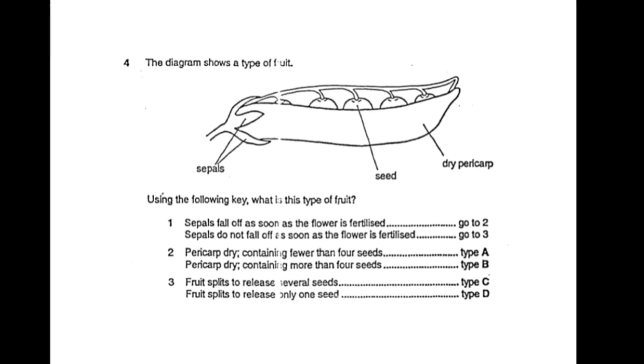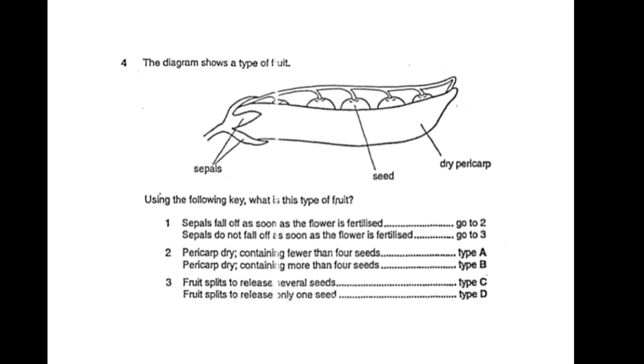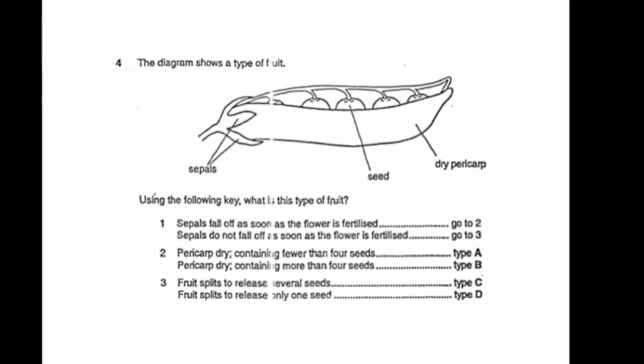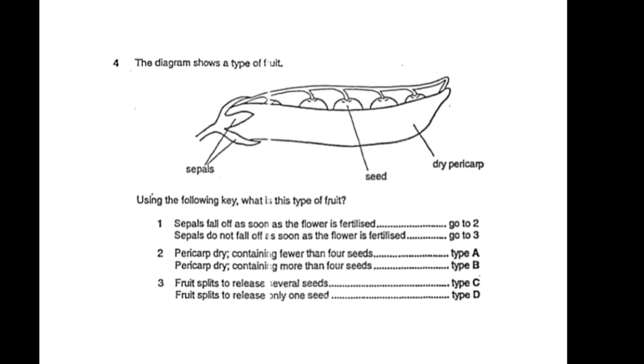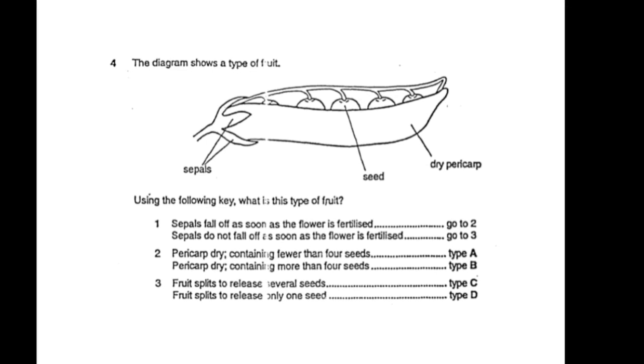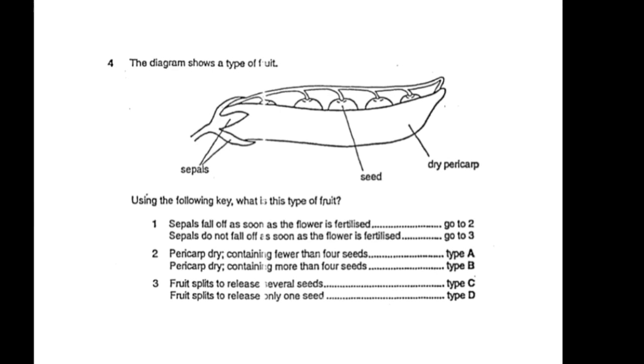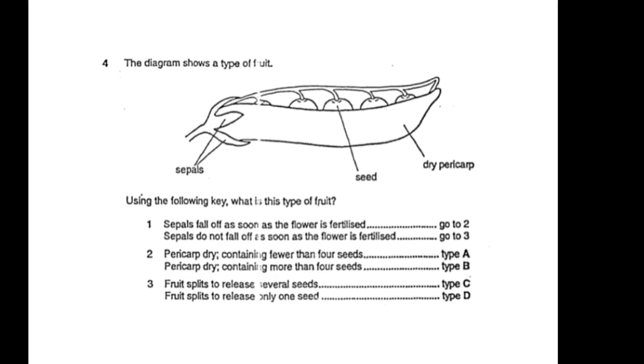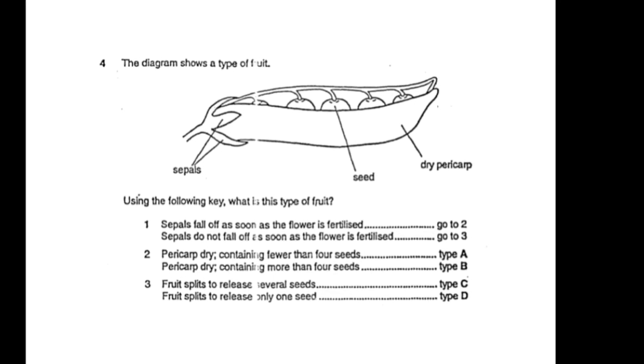So we're going to go to number 3. Fruit splits to release several seeds. Fruit splits to release only one seed. You can see on the diagram that there are several seeds, so the answer is C.